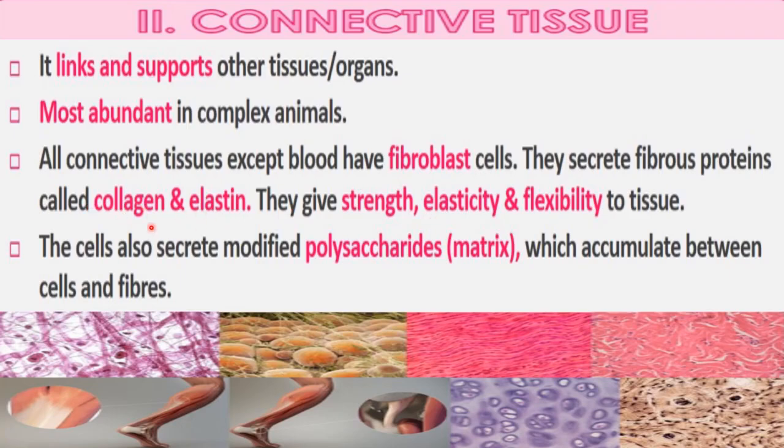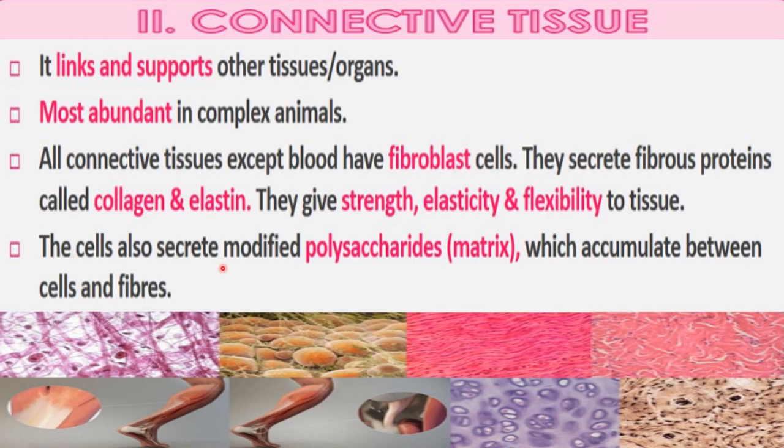So you can say collagen and elastin are present in all connective tissues because these are secreted by fibroblast cells. These collagen and elastin give strength, elasticity and flexibility to tissue. That's why these connective tissues are very strong, elastic and very flexible.